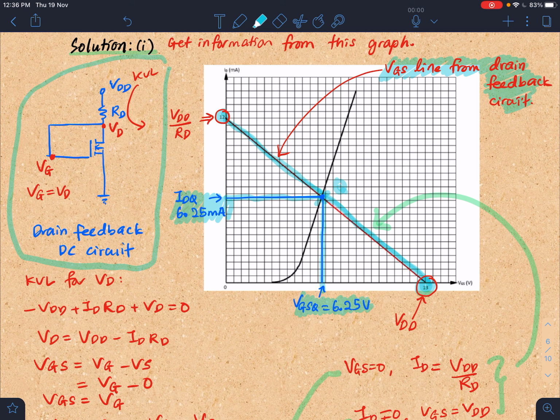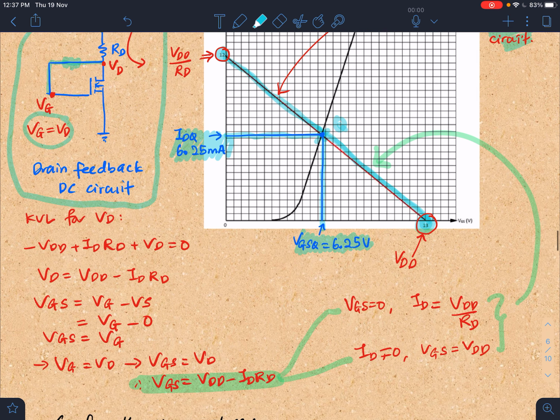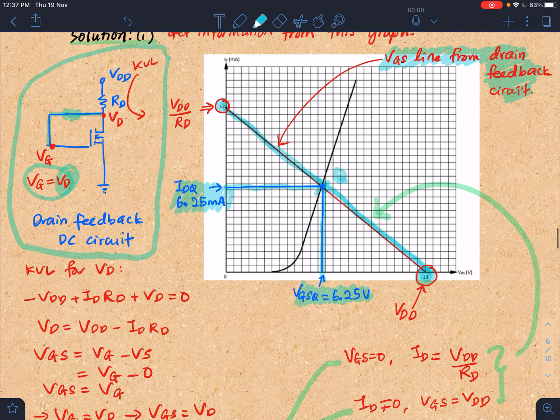When you sketch it, remember not to put the RG here because RG is already a short circuit. From this circuit, we get the equation VG equal to VD. So what is VD? We get VD from this loop, from VDD through RD until VD here.